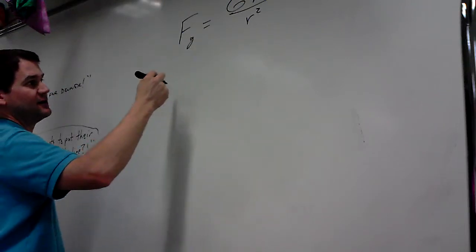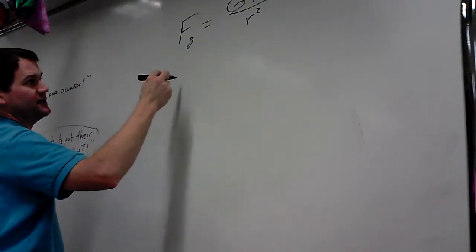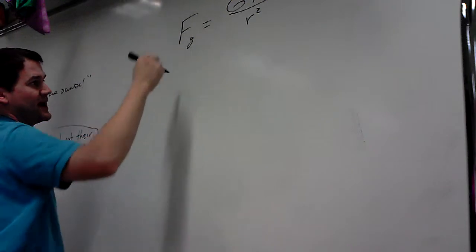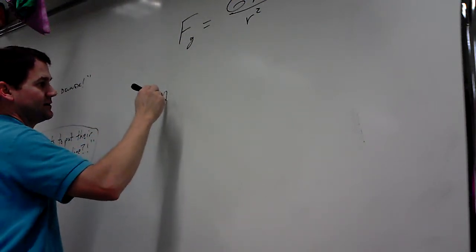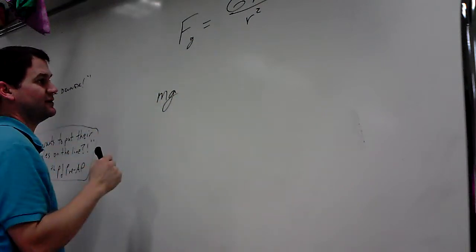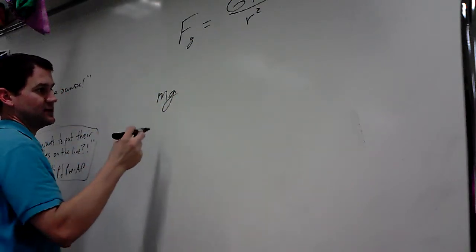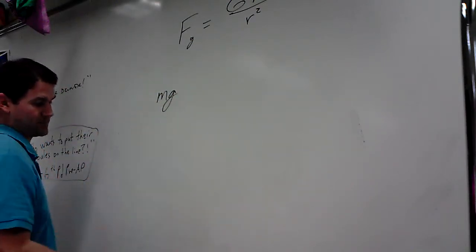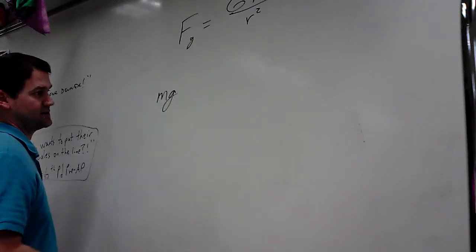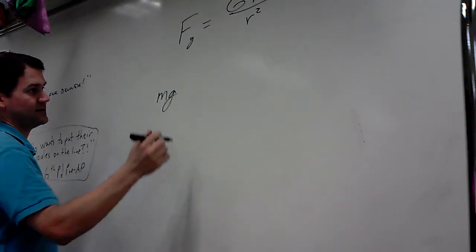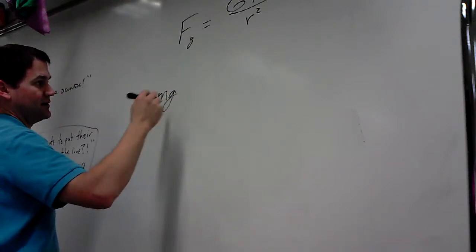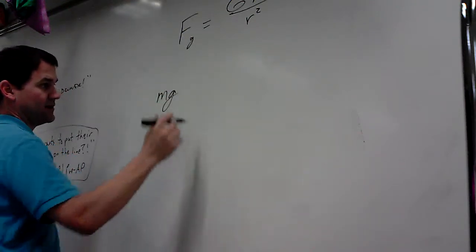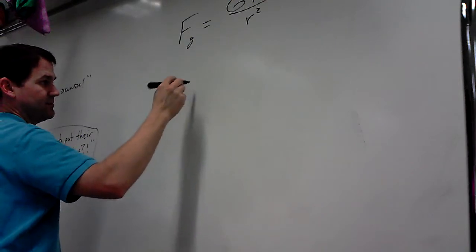I know that the mass of the Sojourner is equal to the weight over g. So on Earth, it's mg. And I know that its mass on Mars is the same.